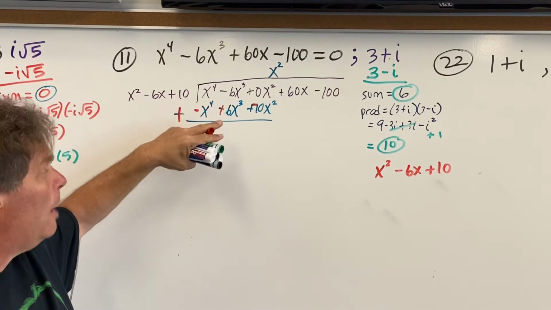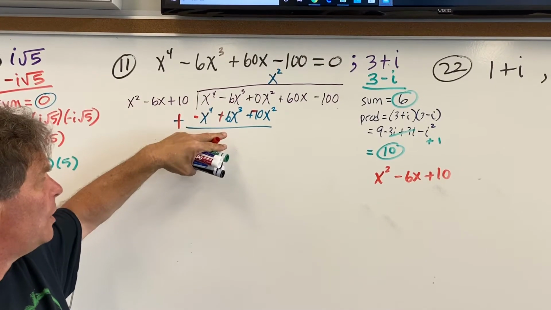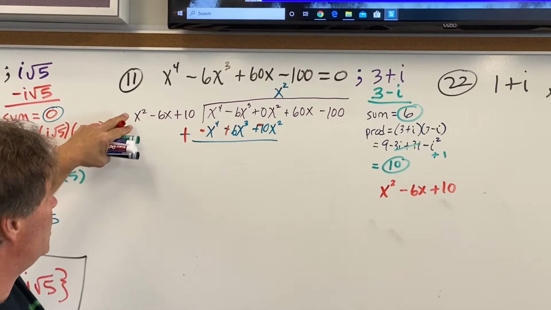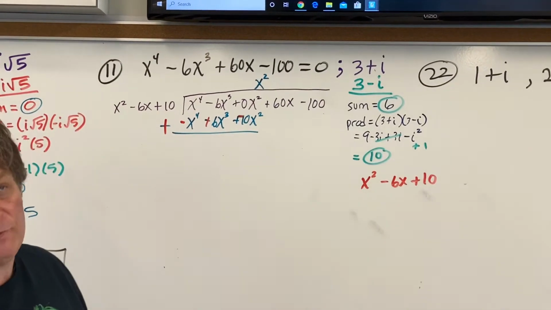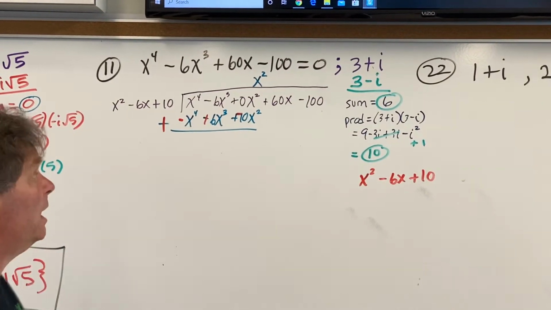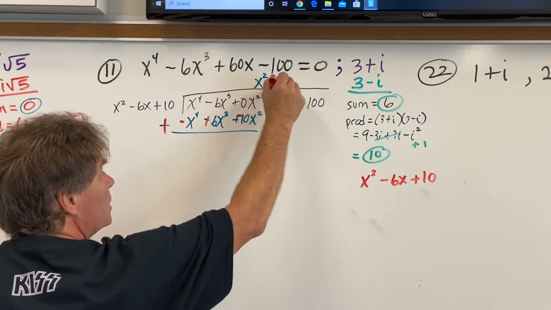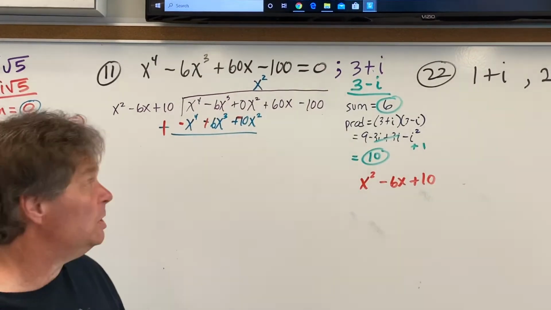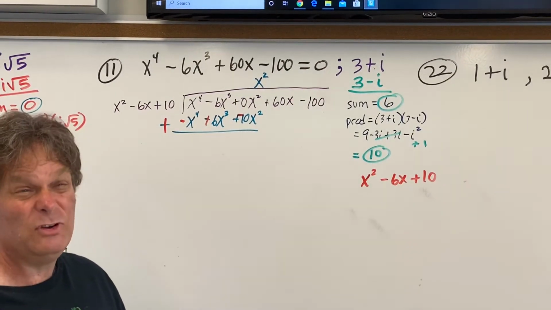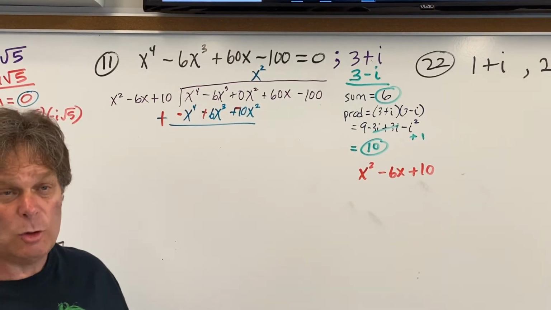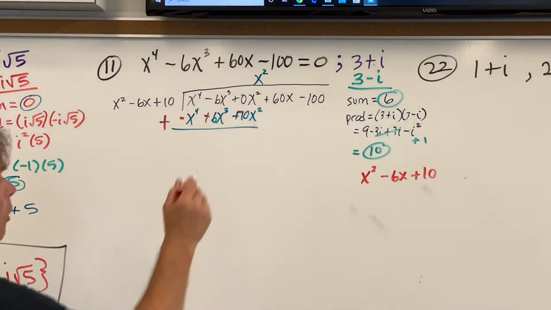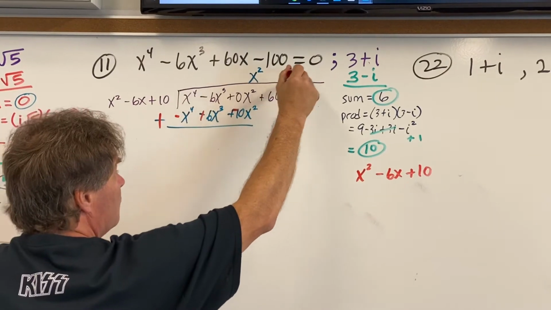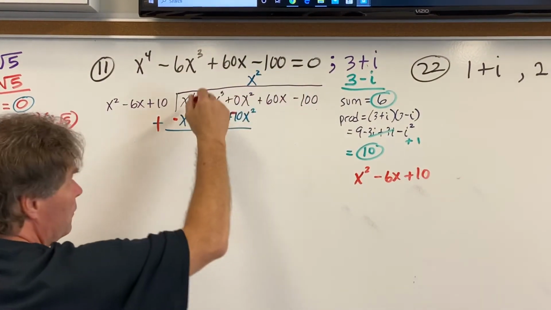So I have 2 options here. I could call this 0x to the 3rd and say, what does it take to turn x squared into 0x to the 3rd? I could say 0x, and put a 0x right there. That's one option. But also, if it's just 0, it's like nothing, so you could just ignore that as long as you realize there's a 0 there, so I'm going to have to go over to the next thing. So that's what I'm going to do.